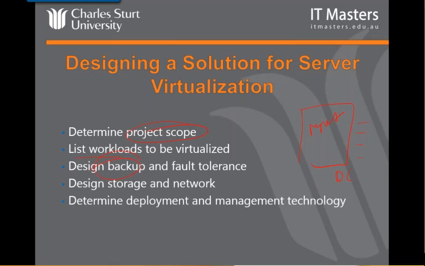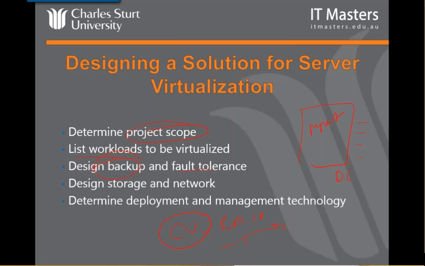Why? If you don't have a backup, you don't have any way back. Probably no backup means you should have a proper CV. Fault tolerance, like if you're going to have RAID or maybe in a Microsoft environment, Hyper-V cloning or Hyper-V Replica, all the features that we spoke about.